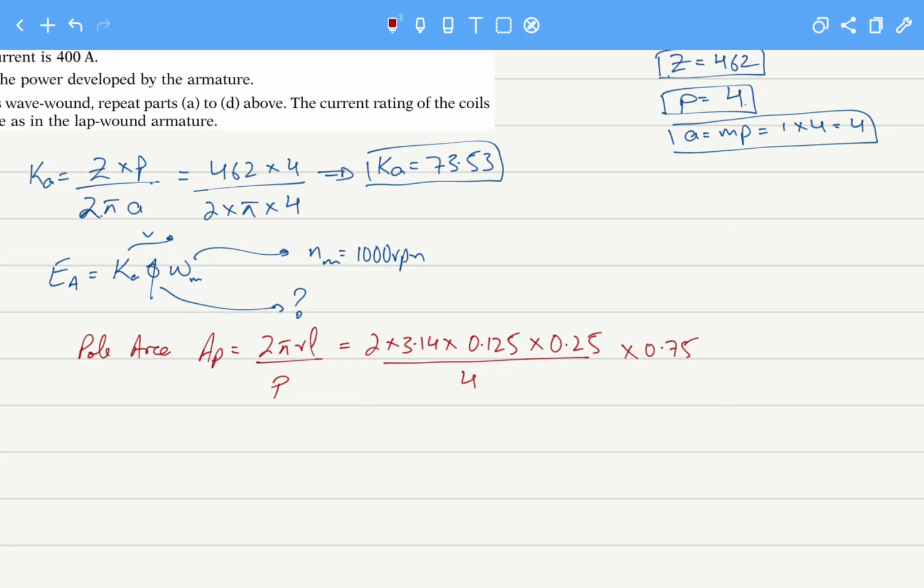So what will this become? The effective area will become 36.8 into 10 raised to the power minus 3 meter square.